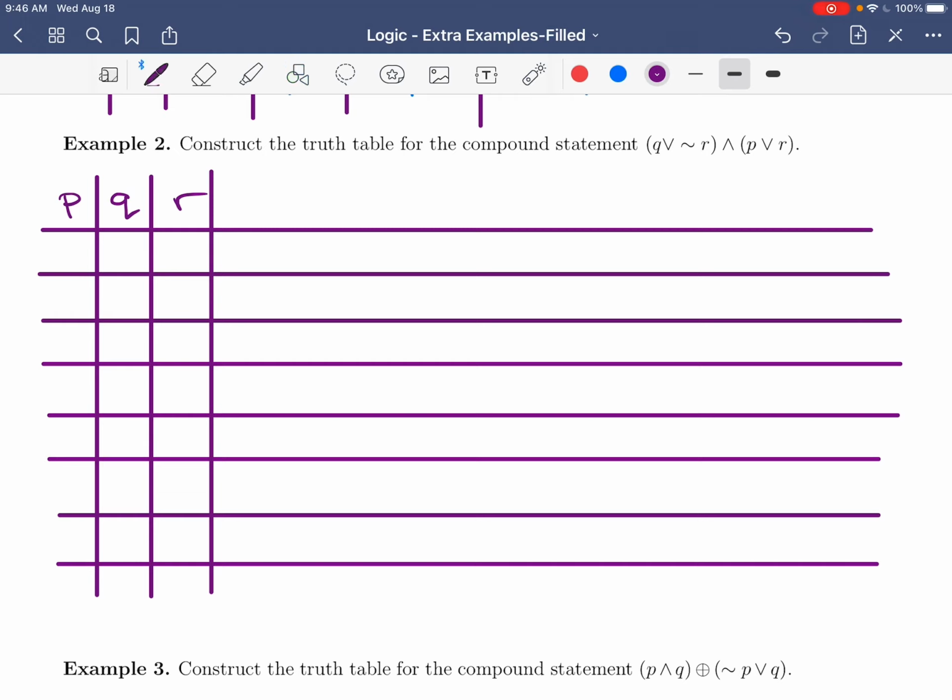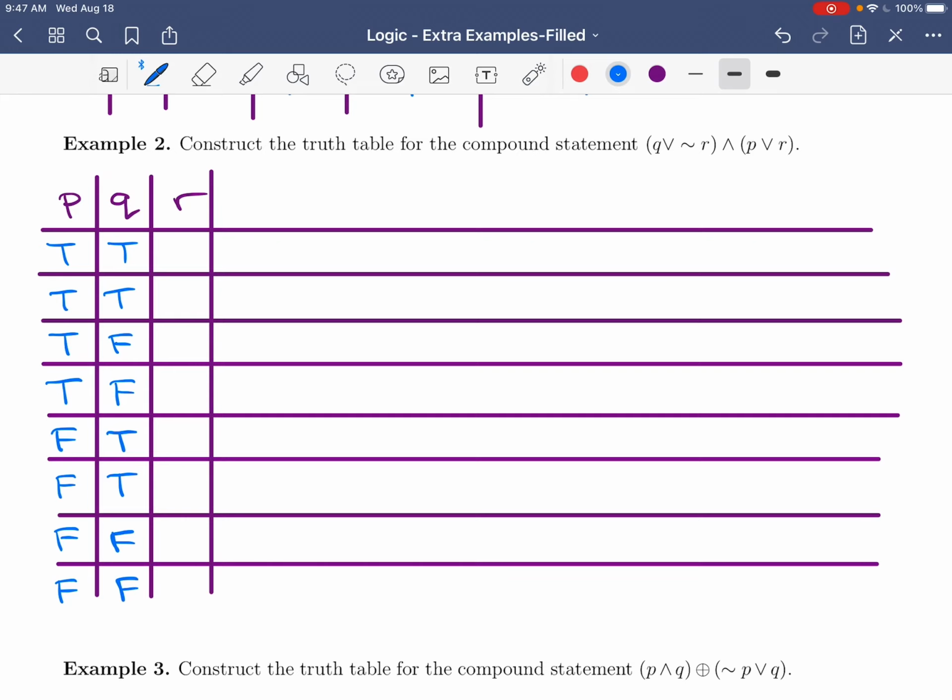Now when I set it up, half of these are going to have P true, and the other half are going to have P false. In the P true section, Q is going to be true half the time and false half the time, and similarly with the false section.